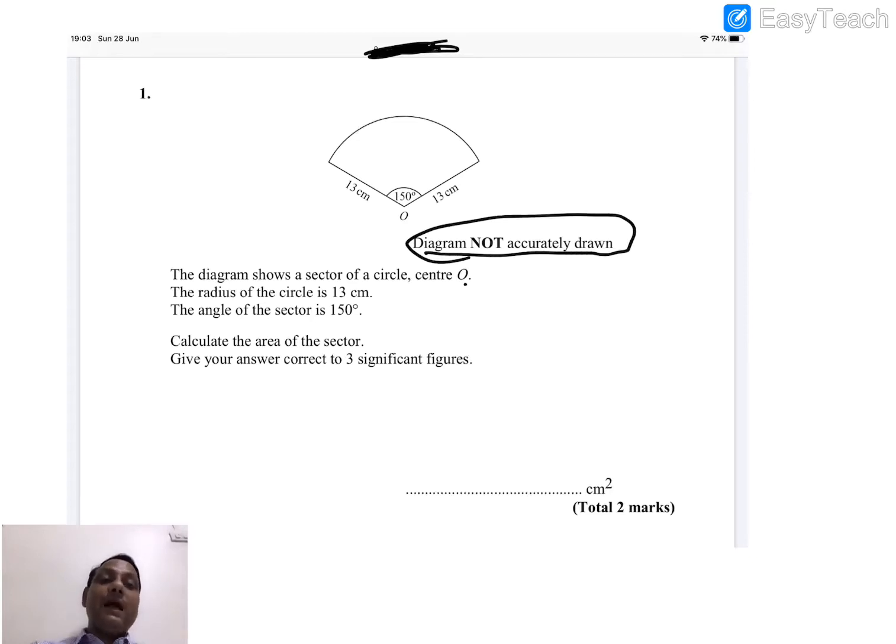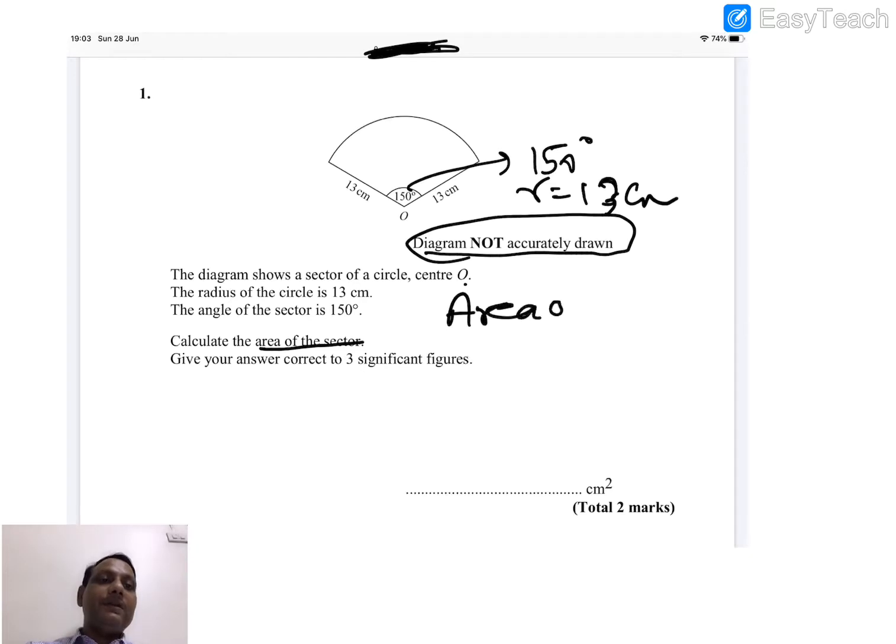As I told you, I will do some IGCSE past paper questions. This is like an Edexcel or CIE past paper question. You can see the angle given is 150 degrees, and the radius is 13 centimeters. They ask us to calculate the area of the sector. So area of a sector is equal to theta over 360.